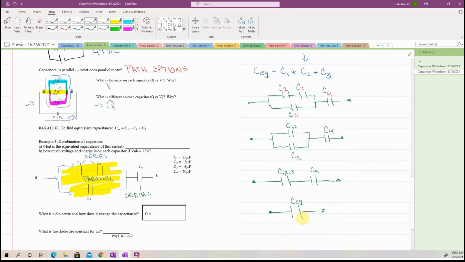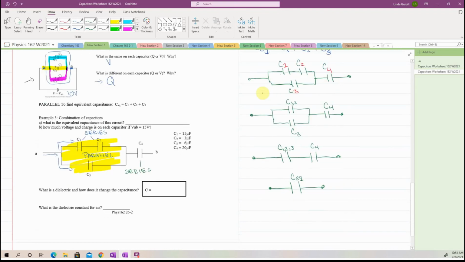Now, what do I have to do for these? Well, C1 and C2, I combine in this first step, and they're in series. So 1 over C12 is going to equal 1 over C1 plus 1 over C2. So that's step A. For step B, what am I going to do?